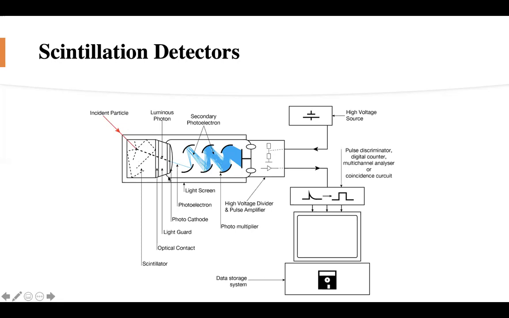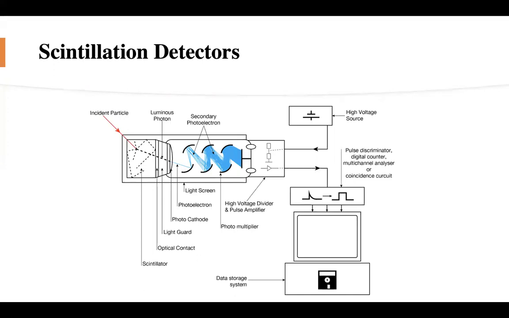This light will be converted through a specific material here, which we call the photocathode, to produce electrons. And these electrons will pass through this area, which we call the photomultiplier, PMT. The PMT's job is just to amplify the signal, to make it bigger, because the signal produced by any detector is very, very low.